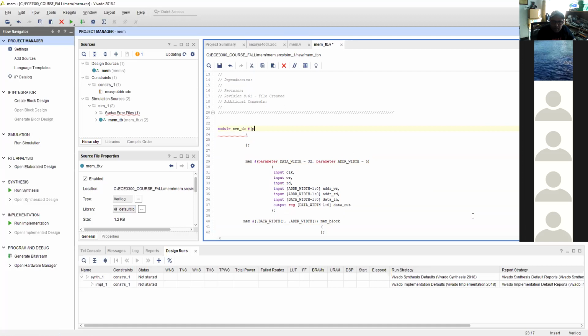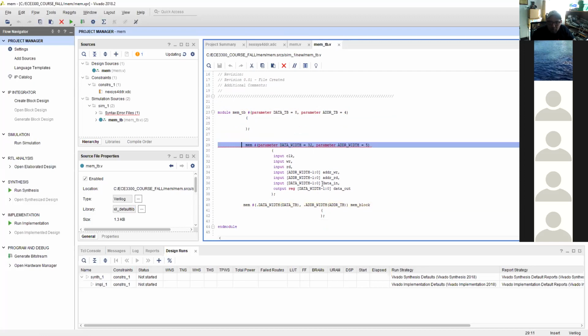So we'll put it data TB 8, address TB. I'll just call it 4. Cool.